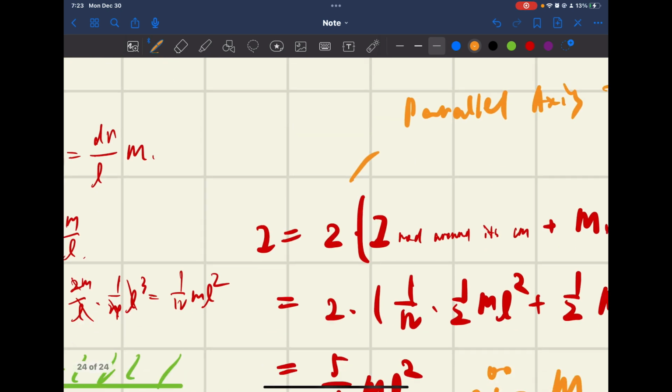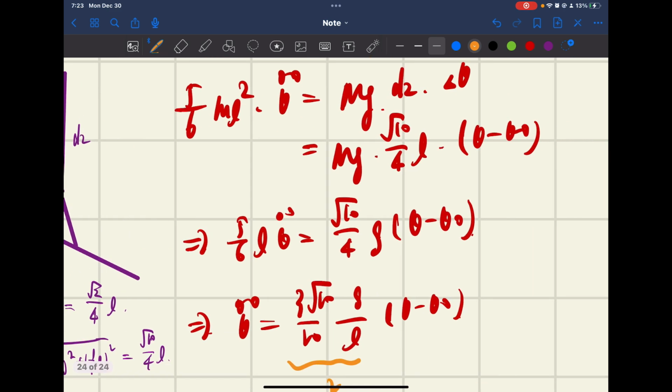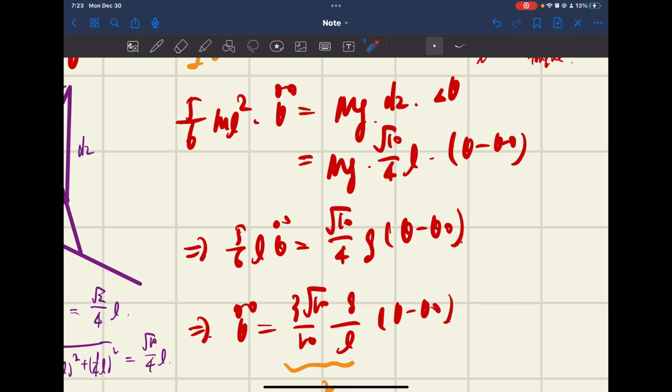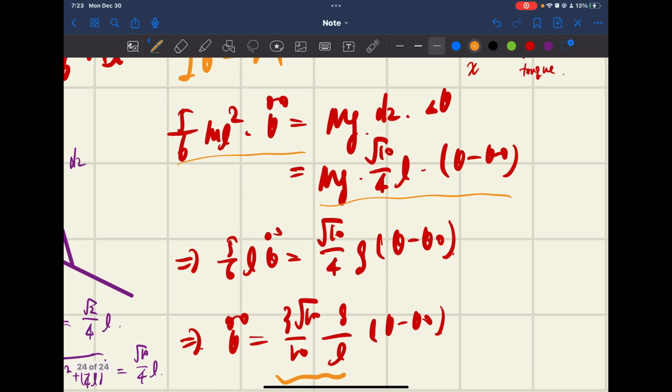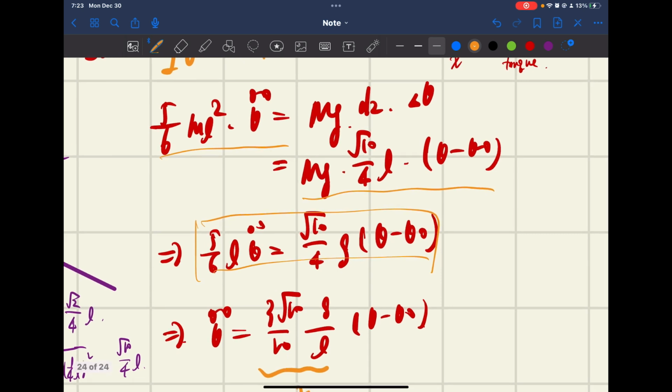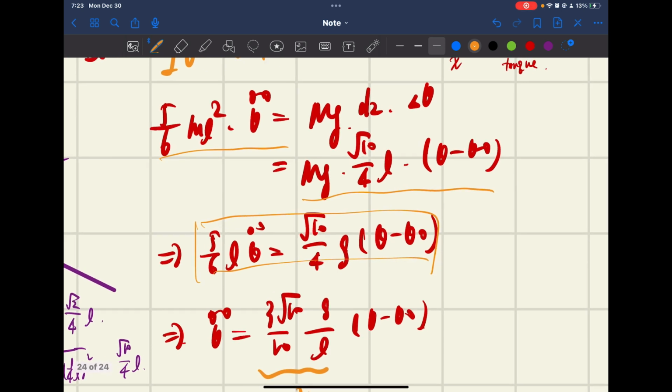Okay, and this is exactly what we get over here. This equation. So now we have successfully obtained a second order differential equation about theta. Okay, it's a second order differential equation.